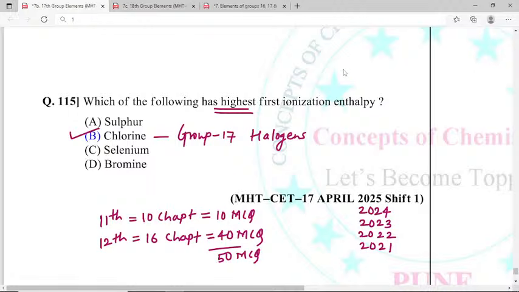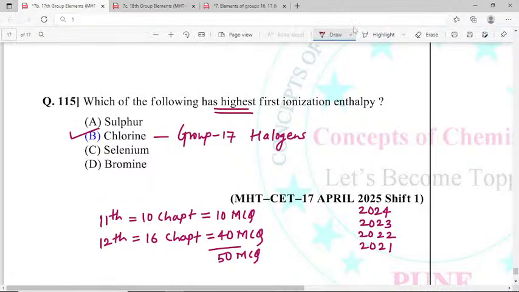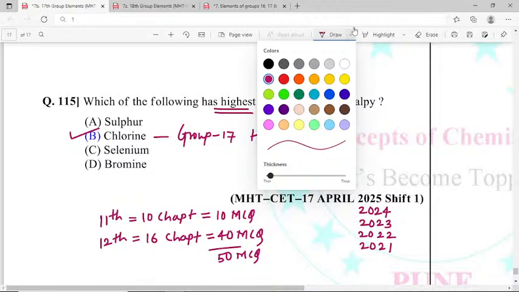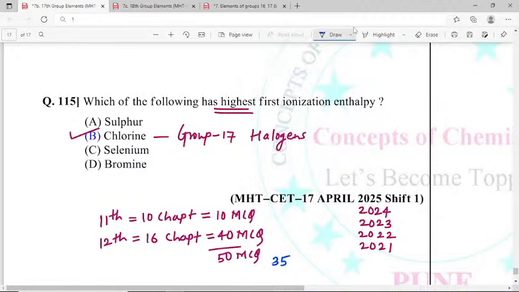And if you get 35 plus out of 50, that is the 99 percentile.